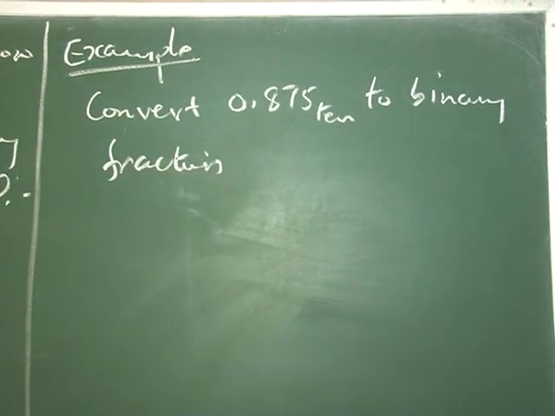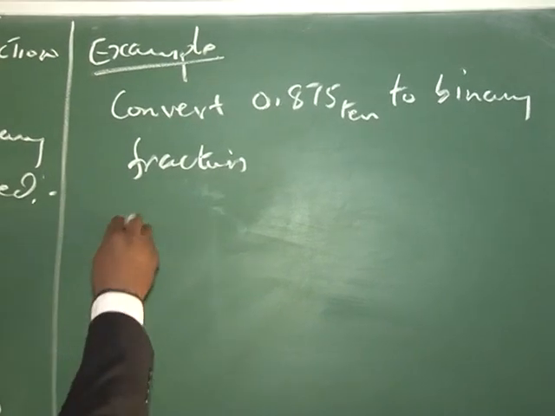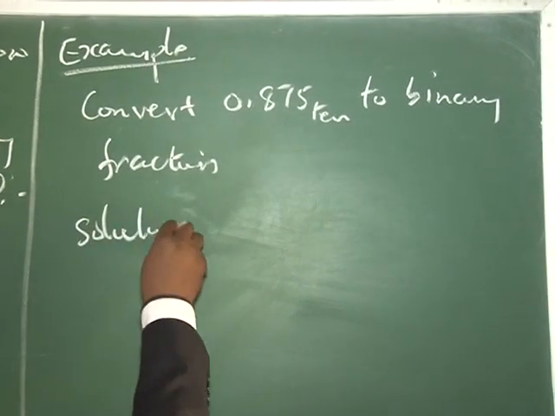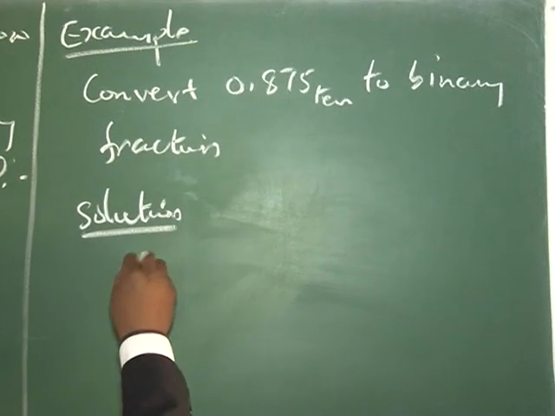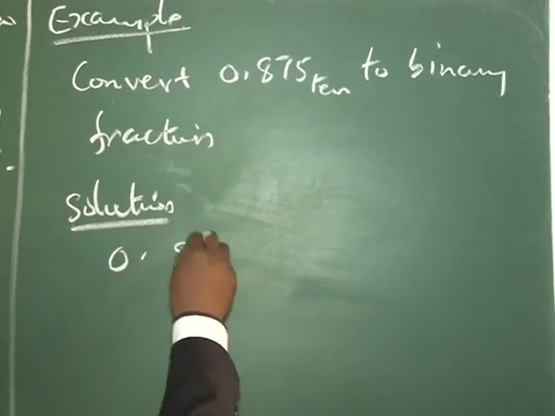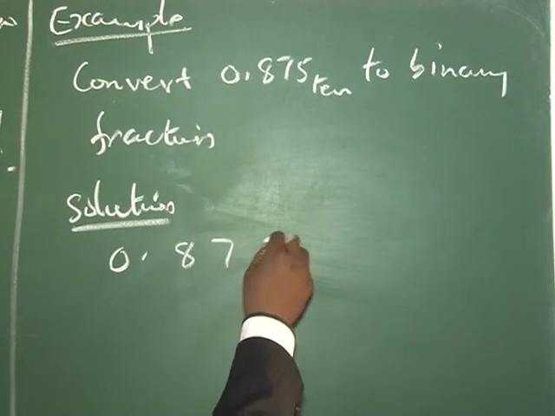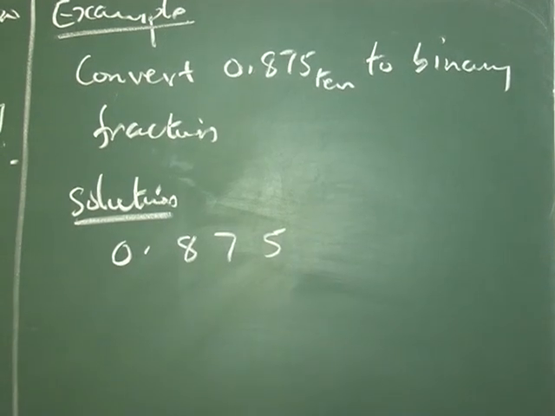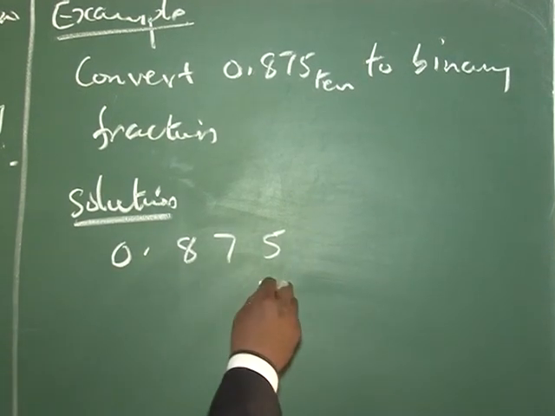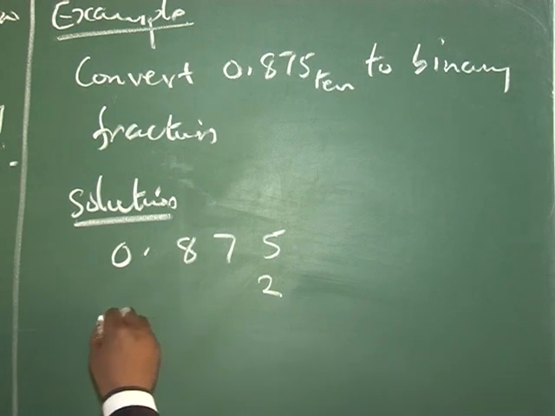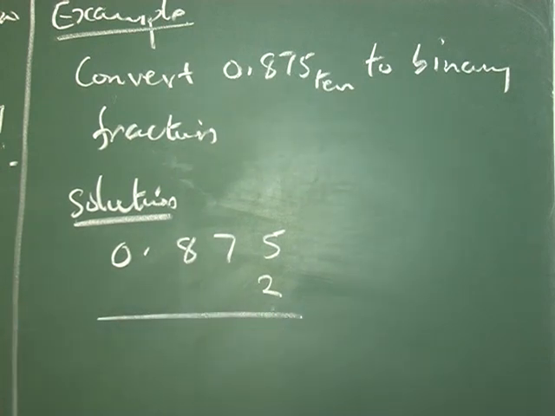Now, from what we have said here, we can take the solution in this way. 0.875, we are going to multiply by 2, which is the binary that we are talking about.